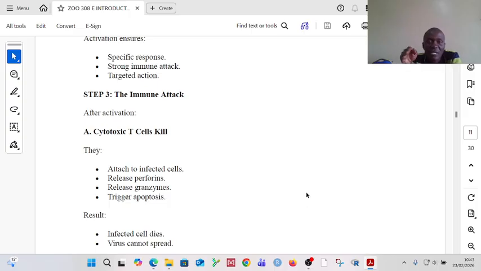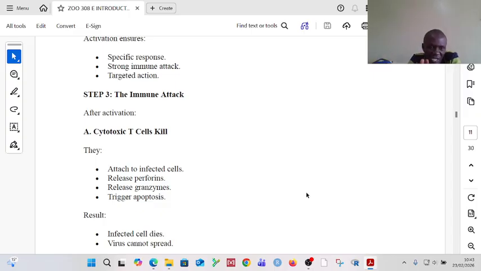Granzymes zitapita kwa hiyo mashimo yenye perforin imetengeneza, ingie ndani ya the infected cell or the abnormal cell. Once the granzyme is in, it will activate enzymes which will now trigger the death of that particular cell. Okay? The death of the cell is what we are calling now apoptosis.